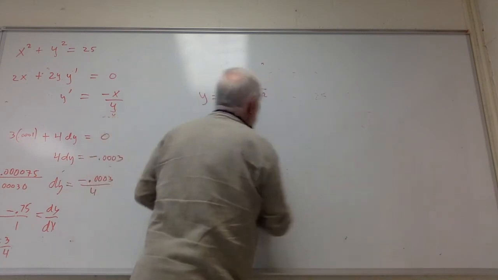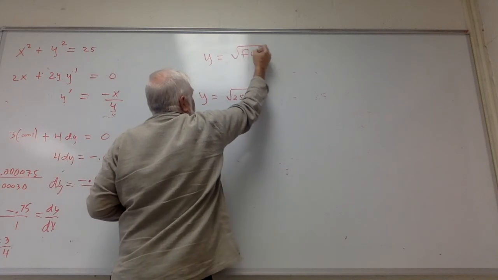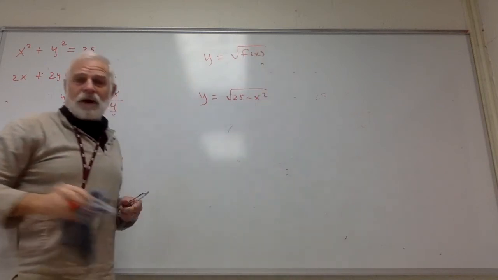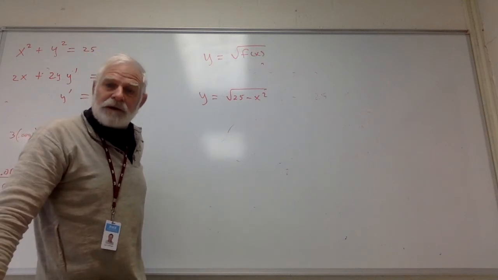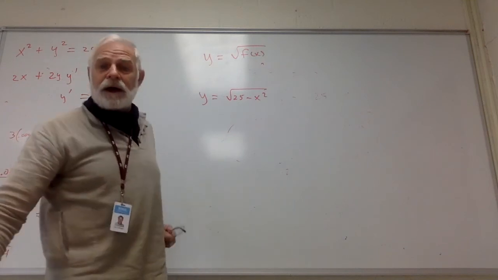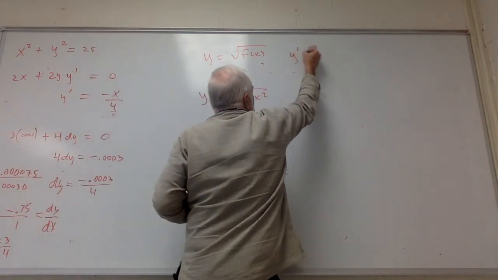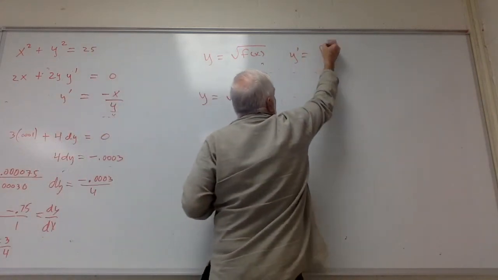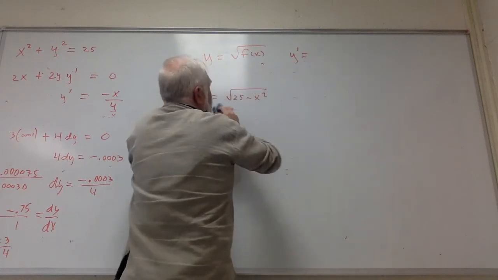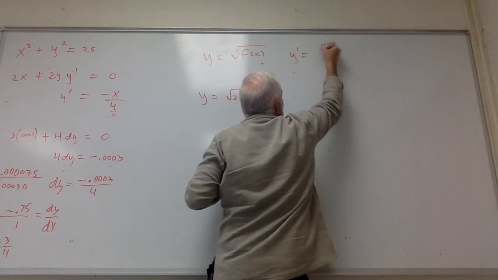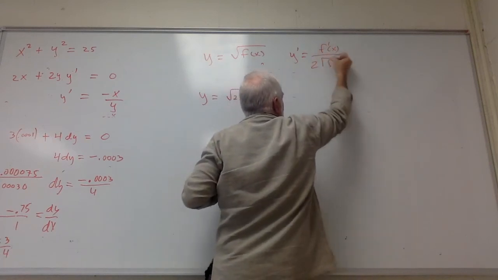Now, I've asked you to memorize how to take the derivative of the square root of f of x. I had 4 or 5 people last night at Math Help, and I thought we did enough of that that they probably know how to do that now. So y prime is f prime of x divided by 2 times the square root of f of x.